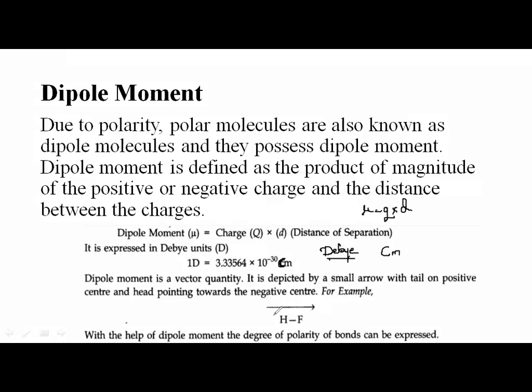For example, HF: the head points towards the electronegative center. This is delta minus, this is delta plus. With the help of dipole moment, the degree of polarity of the bonds can be expressed.